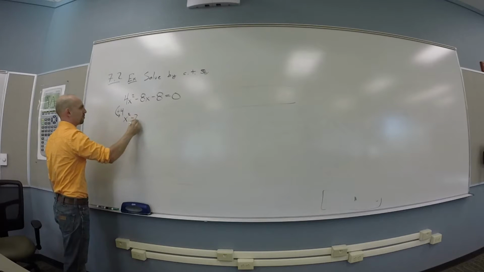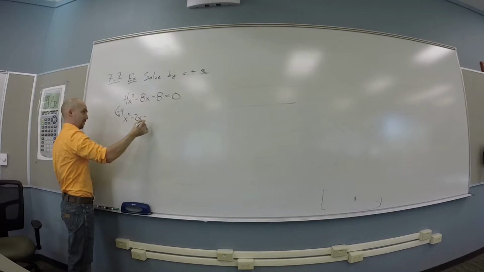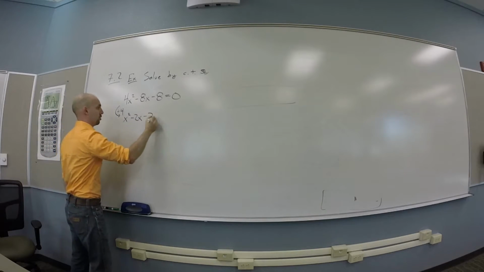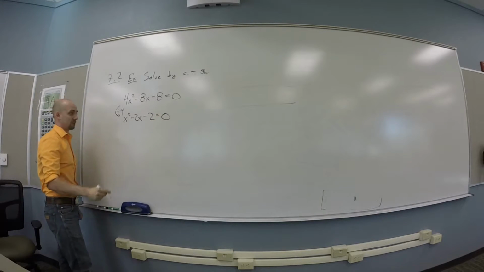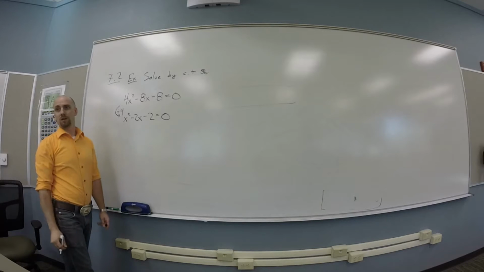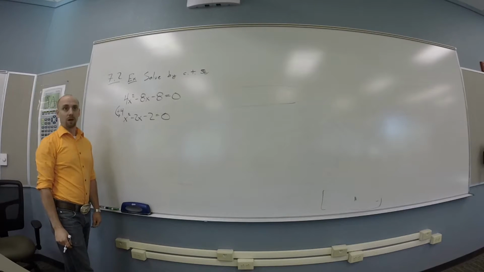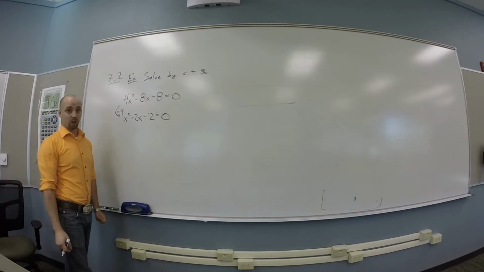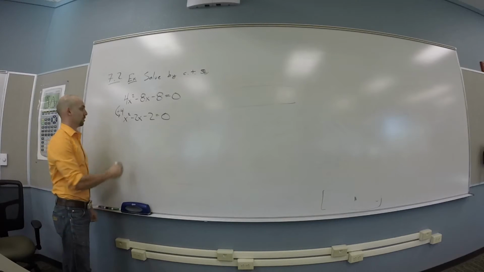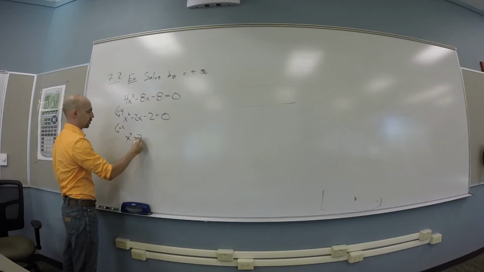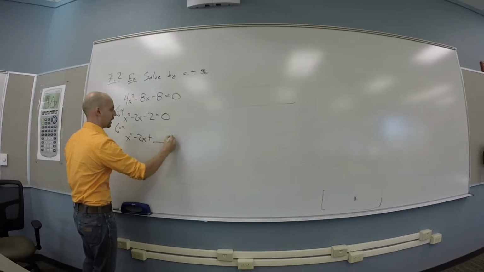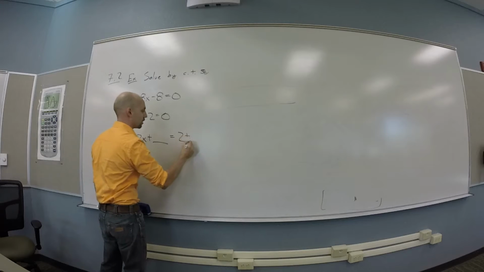So we got x squared minus 2x minus 2 equals 0. Now this is just complete the square like usual. So we add 2 to both sides. So we got x squared minus 2x plus blank is 2 plus blank.